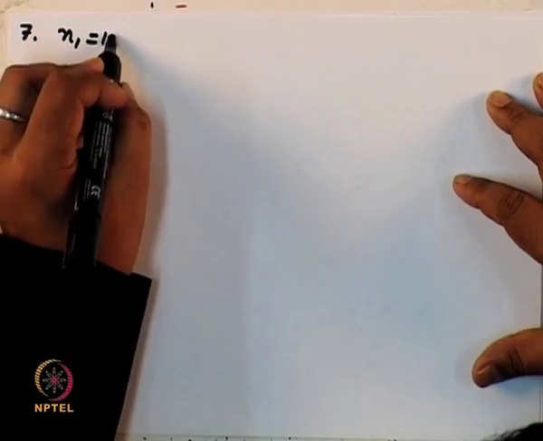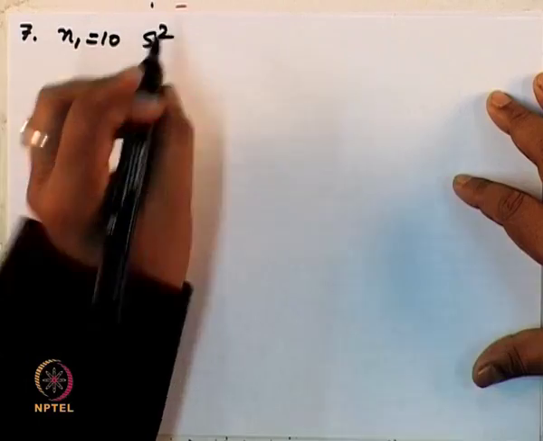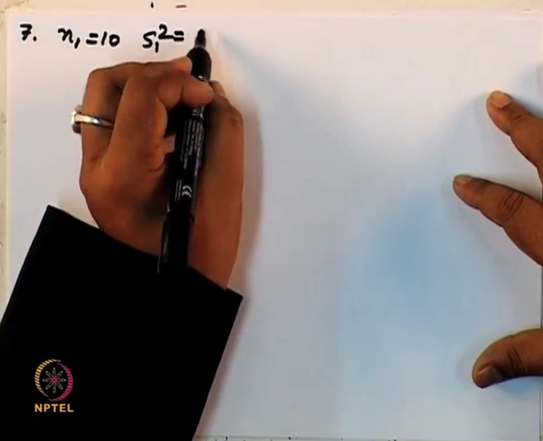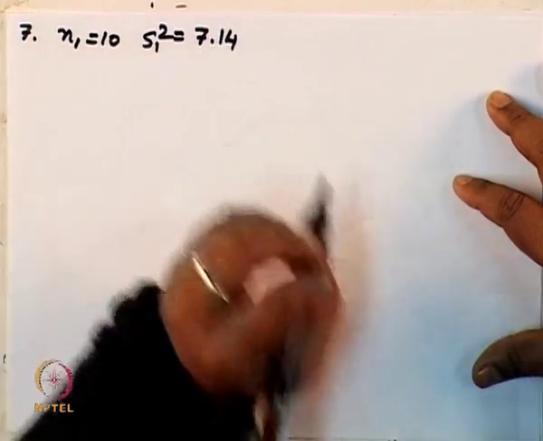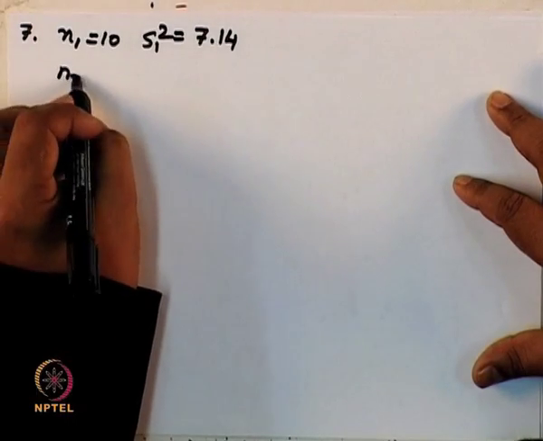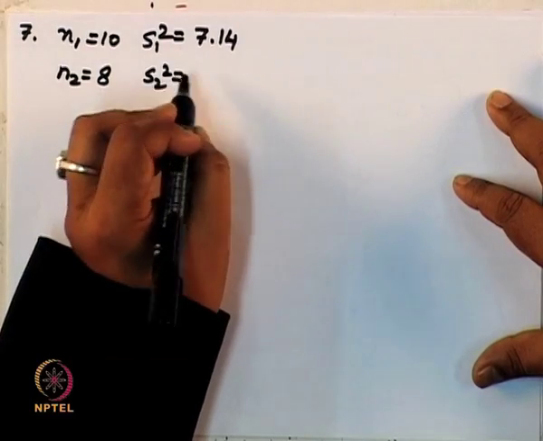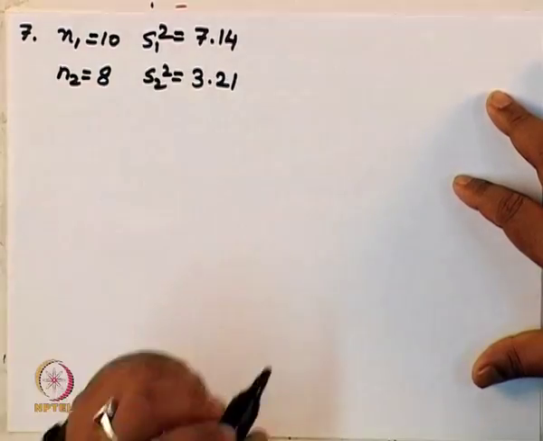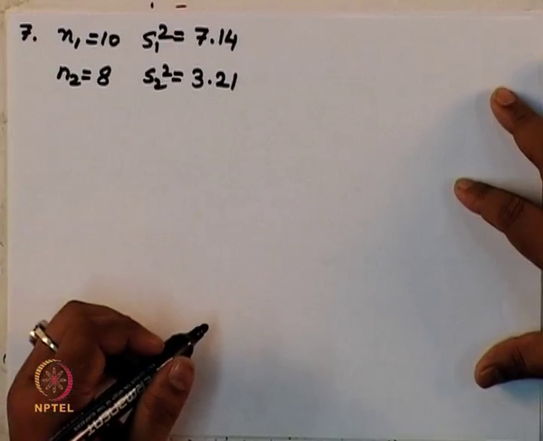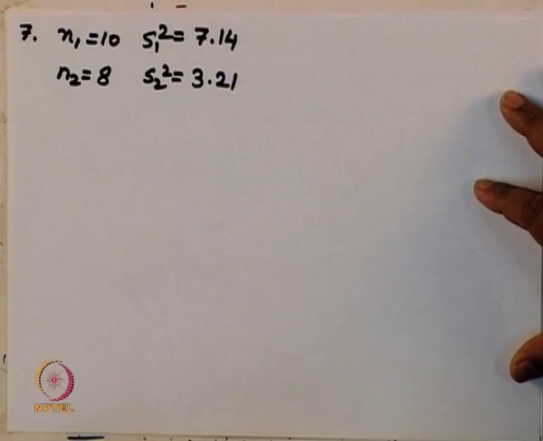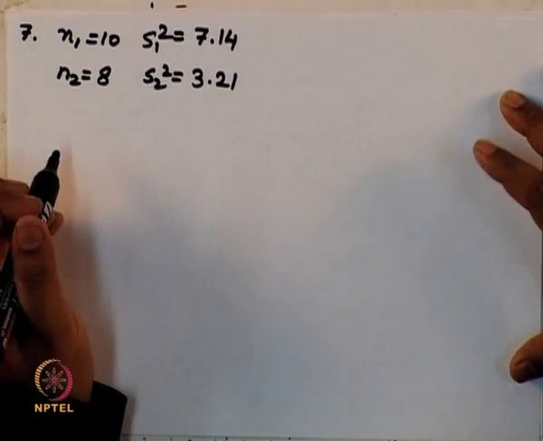So let us take a sample example. Imagine I have n1 equal to 10, s1 square equal to 7.14, n2 equal to 8 and s2 square equal to 3.21. So what is the value of F, and I want to calculate whether F is significant or not.